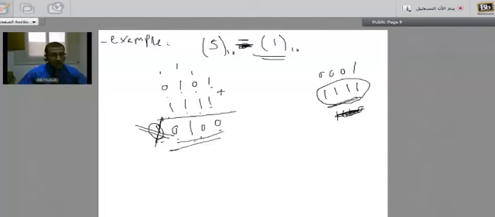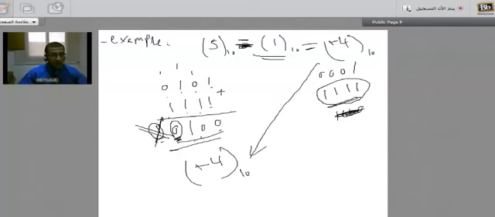The most left-hand bit is 0, which is positive, so we have plus 4 in decimal. So 5 minus 1 equals plus 4. Can you see our work is correct? The methods are different, but you should get the same result.